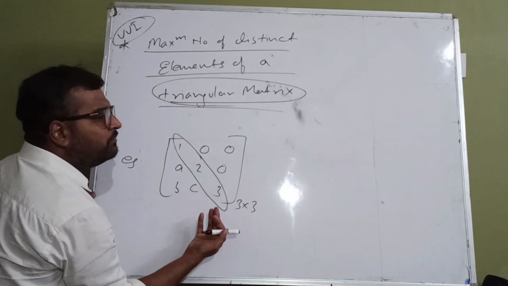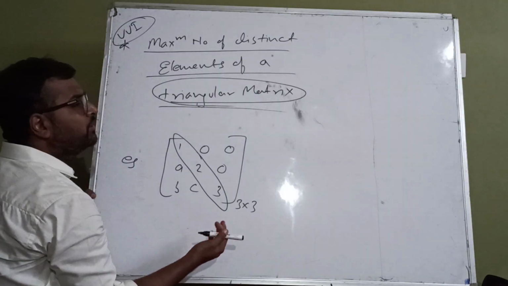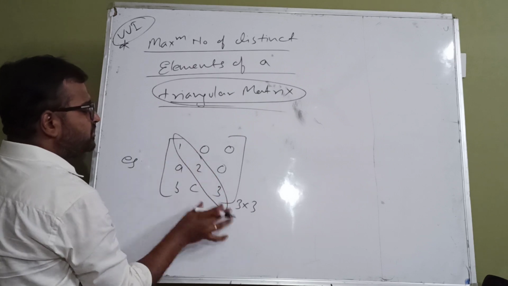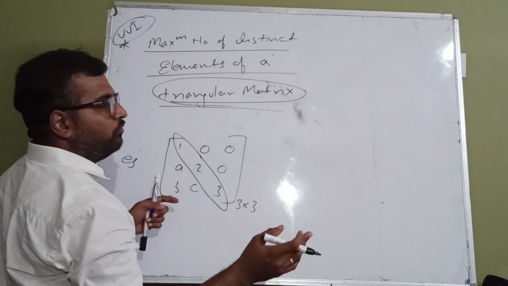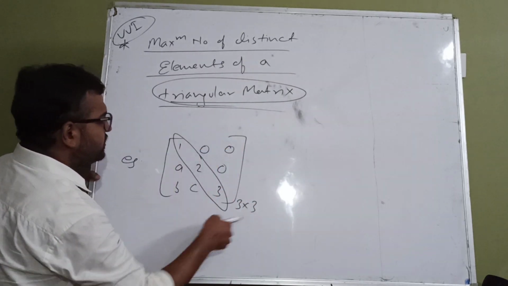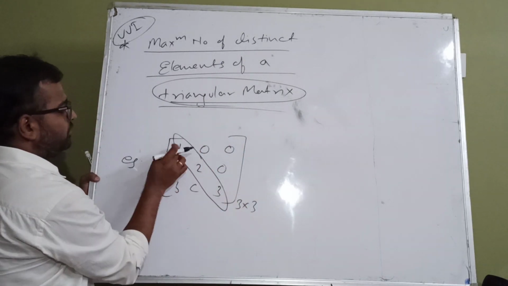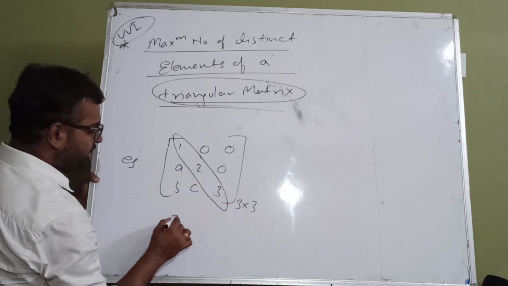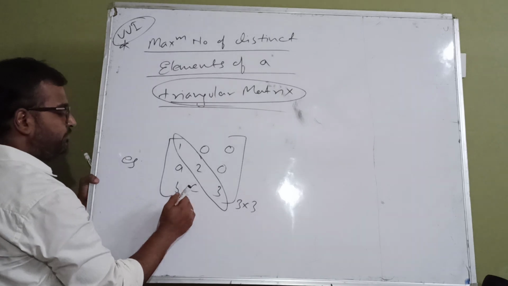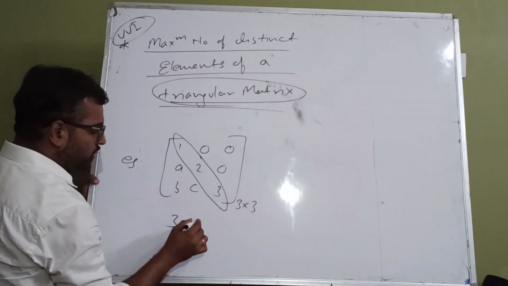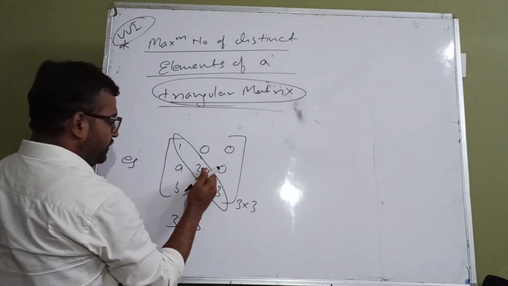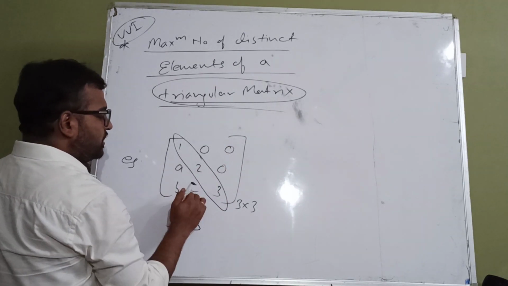So what is the maximum number of distinct elements? Distinct elements means elements which are different. According to this question, how many different elements are there? 1, 2, 3: the 3 diagonal elements are all different, and the 3 elements below the diagonal can all be different.